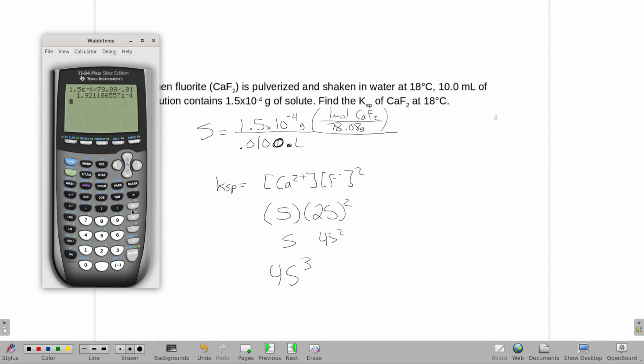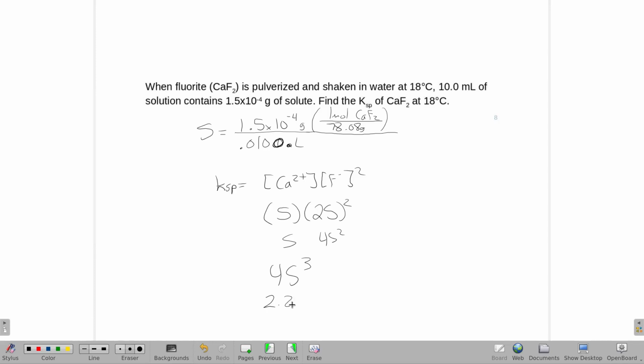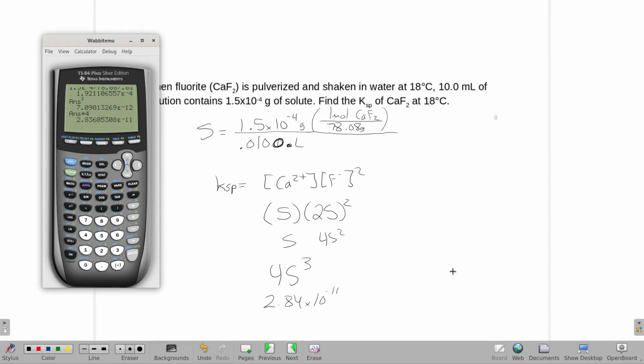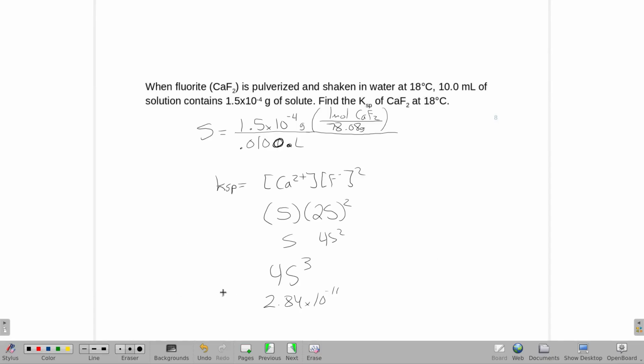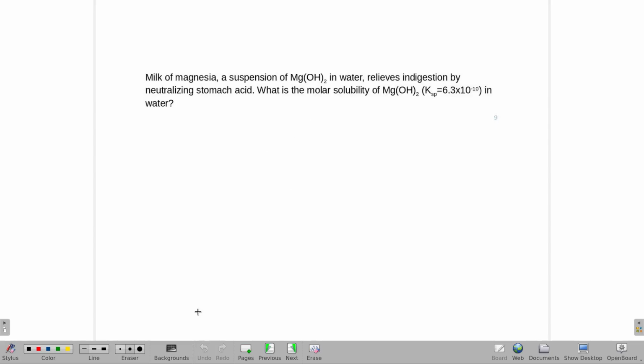This is our s. We will cube it and then multiply it by 4. And we get a KSP of 2.84 times 10 to the negative 11th. Was that the 11th, or was it 10th? 11th. Okay.